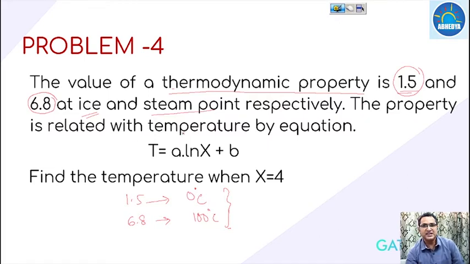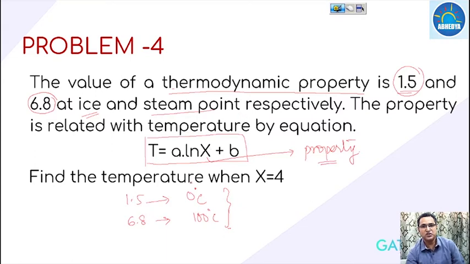The property is related with the given equation. Here the equation is given as T is equal to A times ln x plus b, where x is nothing but the thermodynamic property. So in this problem, this thermodynamic property x is calibrated with respect to temperature by the relation T is equal to A ln x plus b.